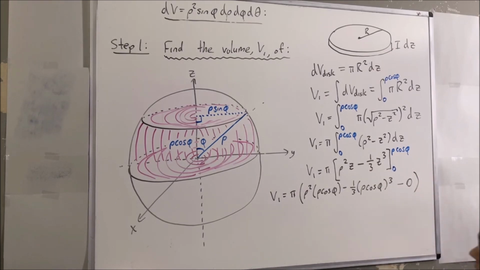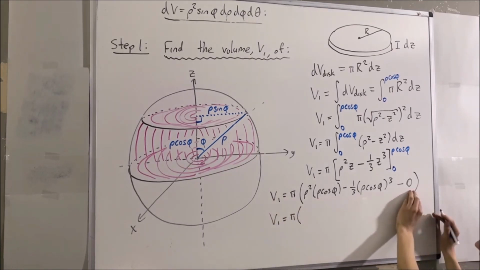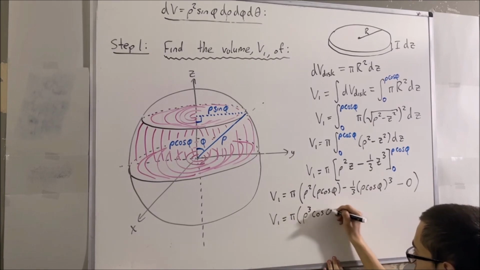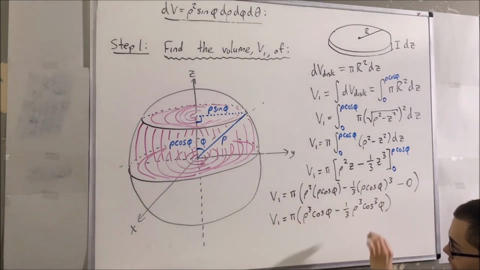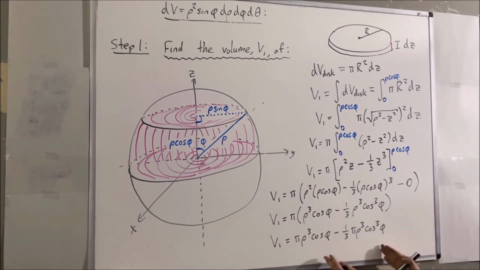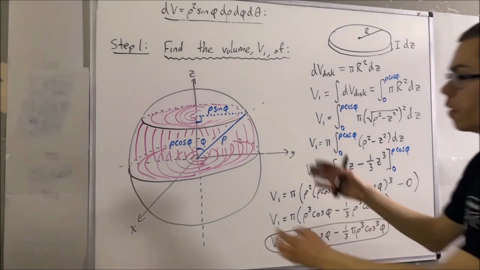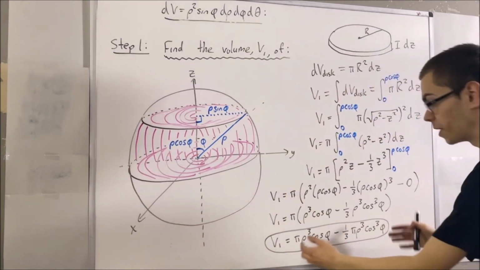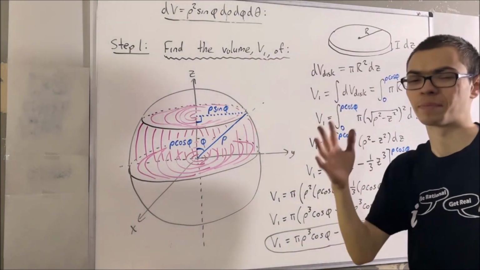Now we can simplify this. If we simplify the inside of our overall parentheses, we will get this. Then we can distribute the pi across, and we would get this. And so this would be the volume of this pink region. So we have figured it out. Now that we've found V1, we're ready to move on to step 2.